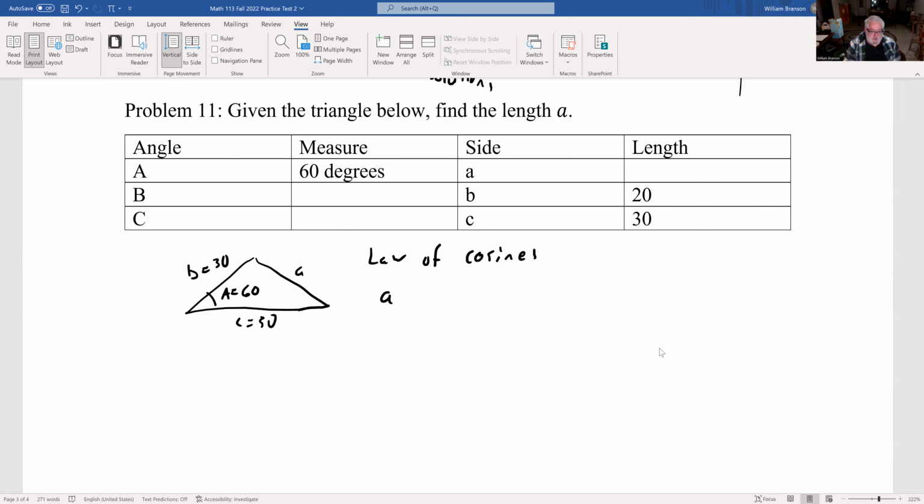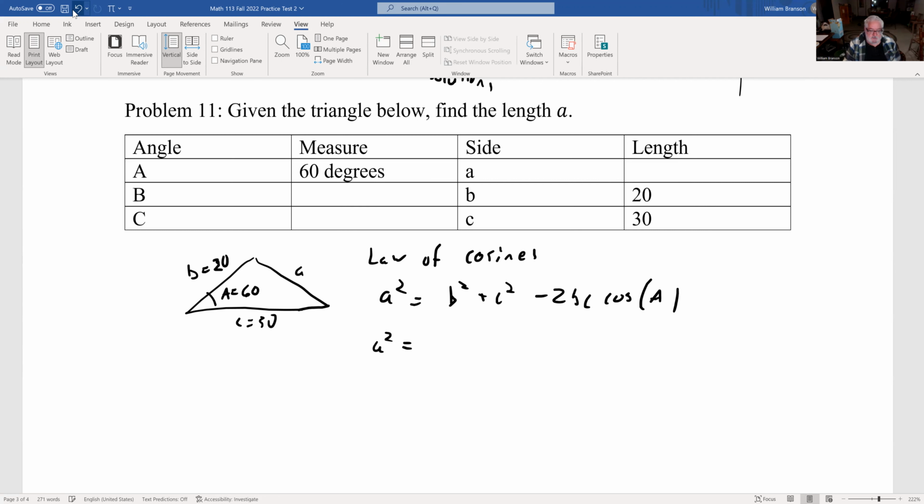So that means A squared equals B squared. B is 20, not 30. Plus C squared minus 2AB. Nope. Undo that. 2BC cosine of A. Great.